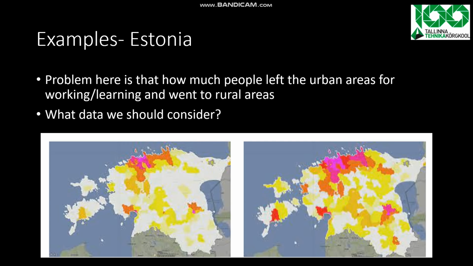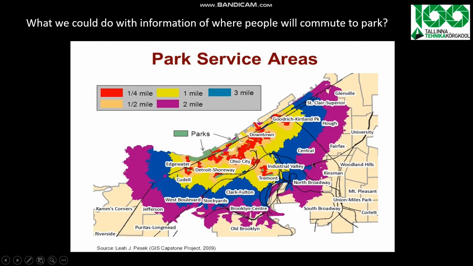Mobile data is used. The second example is what we could do with information about where people commute to parks. You will see that the green areas are parks. We have different walking distances. What we want to know is how far away people will travel and where they come from to reach the parks.